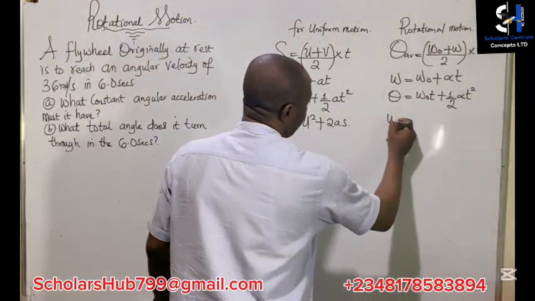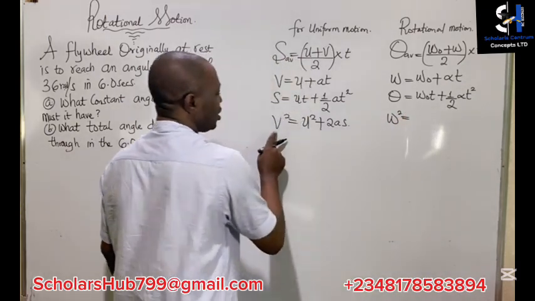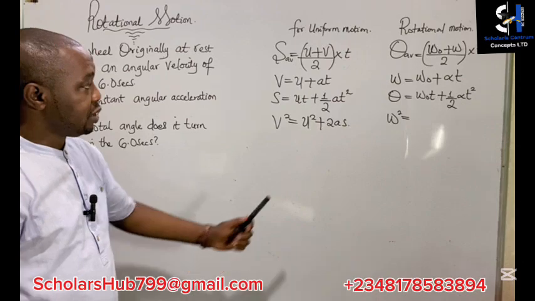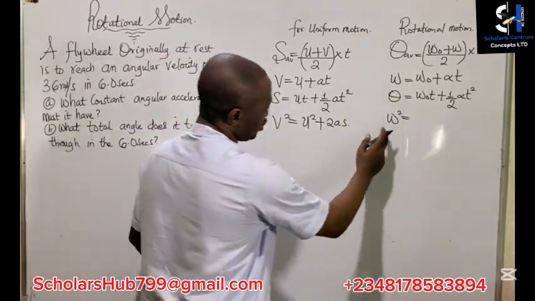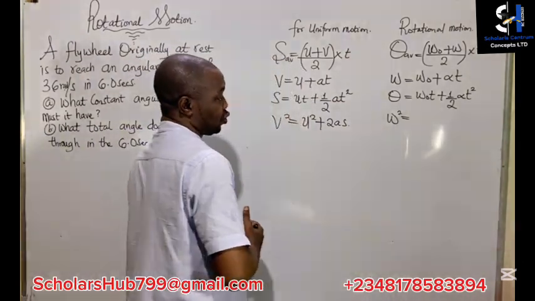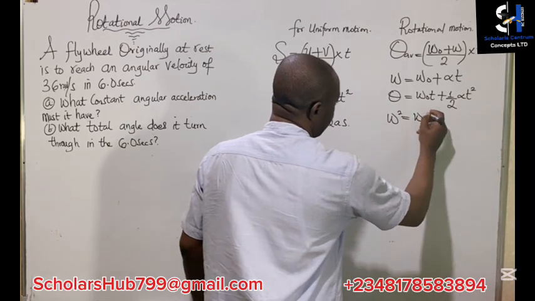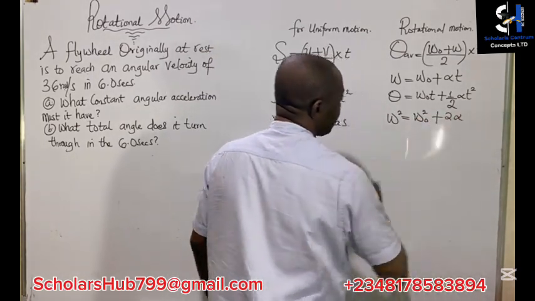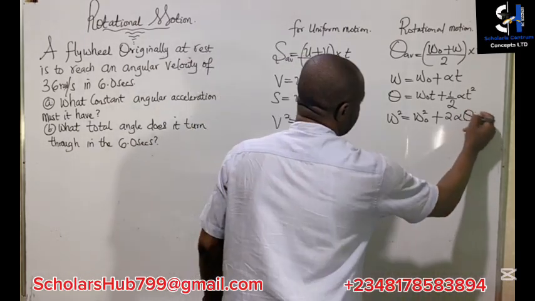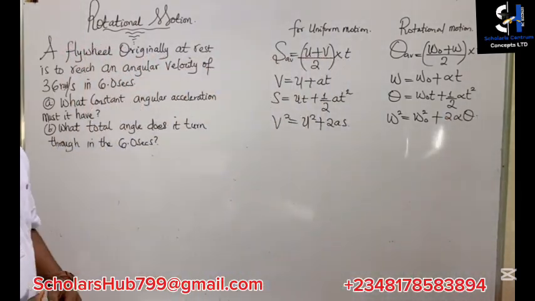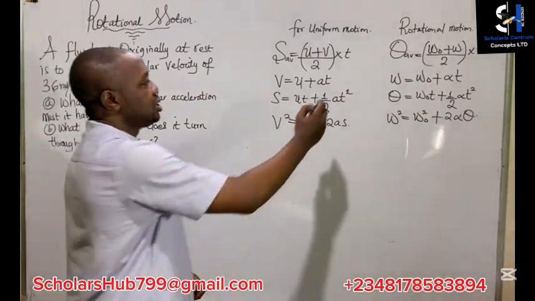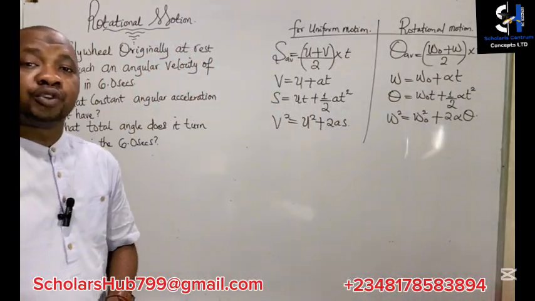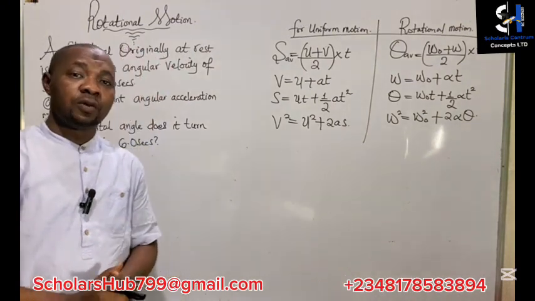Then for the last one, in the case of rotational motion, it will be omega squared, the final angular speed squared, equals the initial angular velocity squared plus 2 multiplied by angular acceleration, then multiplied by the angular displacement.